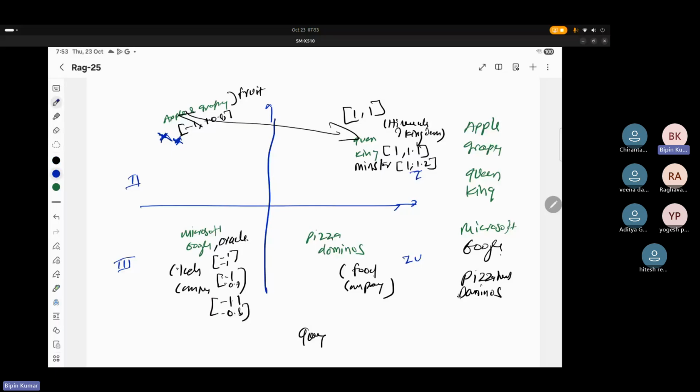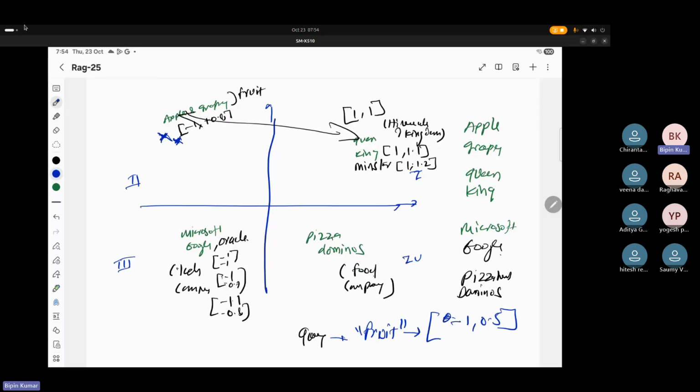So first, to find the similar word, it will convert fruit into an embedding. Let's say the embedding of fruit is minus 1 comma 0.5.